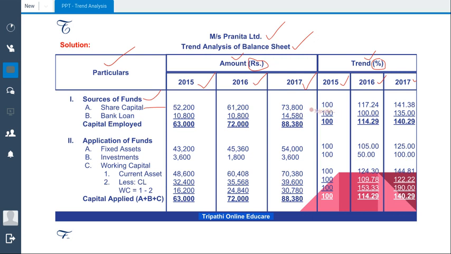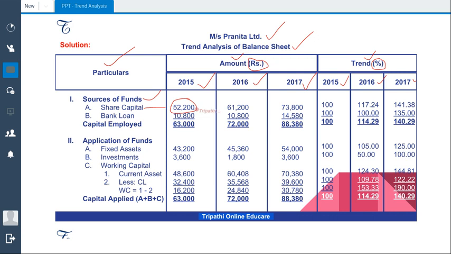Now what happens? The first year you will have to take or assume as the base year. In this case, 2015 is the first year, so the data of 2015 will become the base year, and based on this year, we will find out the percentage of all other years.